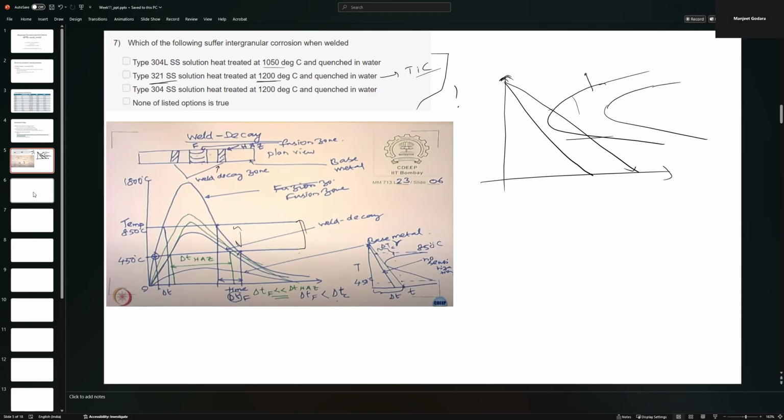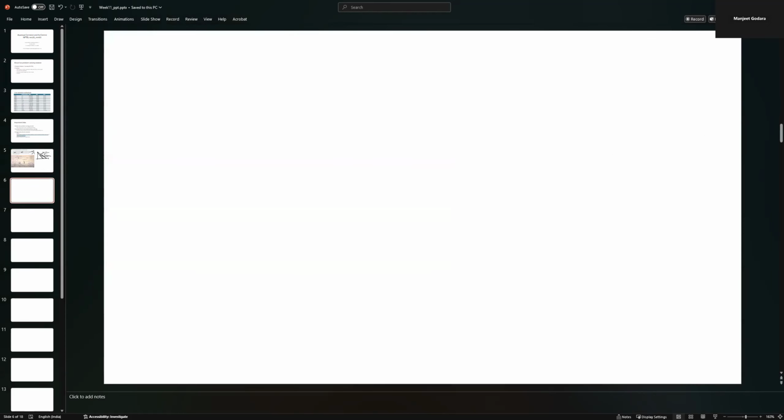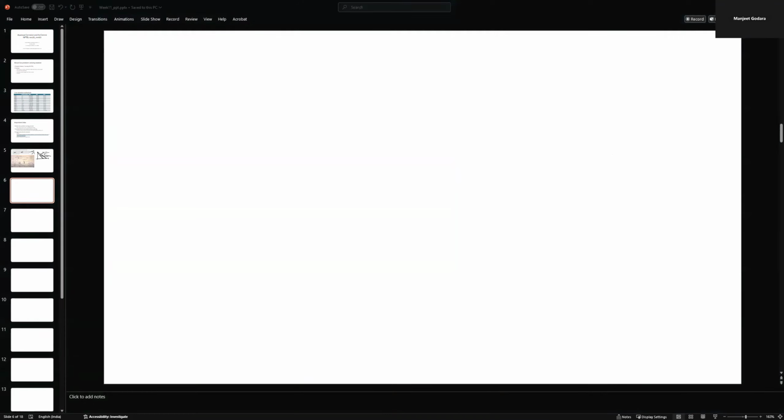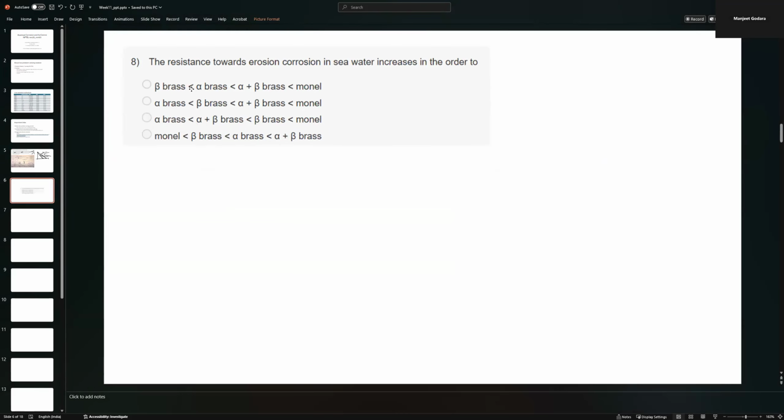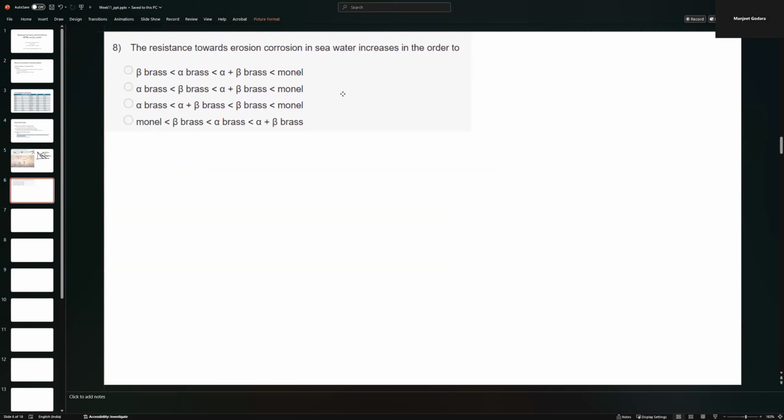Let's see. Okay, so please discuss questions 8 and 9 also. The question on resistance towards erosion corrosion.